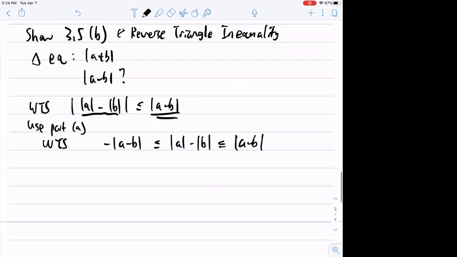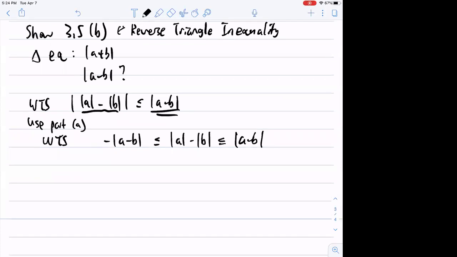So let's show one side. Here we're going to use that trick I told you about. Let's start with absolute value of A. What we're going to do is I need a B. So basically we want to use triangle inequality to prove reverse triangle inequality.